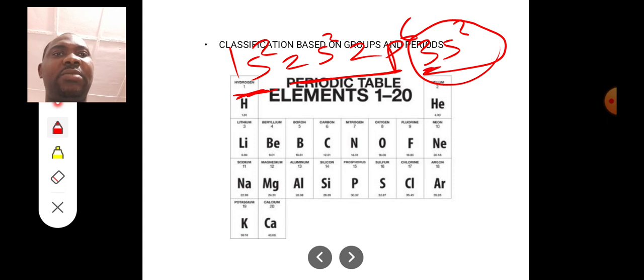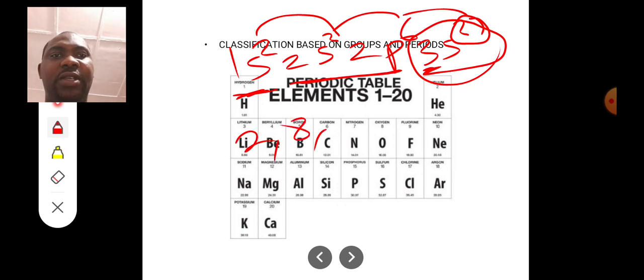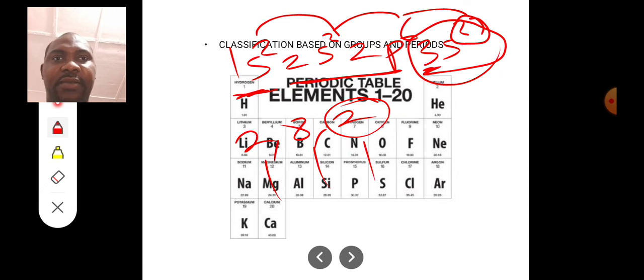The third shell means it's in period 3, and with only 2 electrons in the third shell, that's group 2. Or you say 2 plus 2 is 4, 4 plus 6 is 10, 10 plus 2 is 12. 12 means 2, 8, 2. So 2 valence electrons, then 3 shells. I believe that this is quite clear.